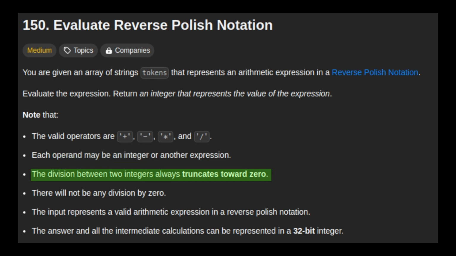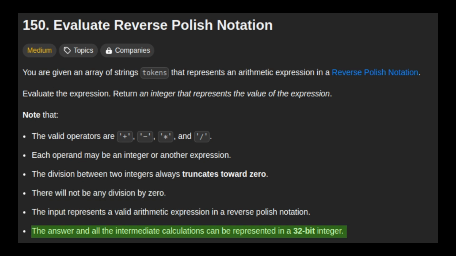The division between two integers always truncates towards 0, and they make it easy for us by guaranteeing that there will not be any division by 0, that the input is a valid expression, and that the answer and intermediate calculations can be held in a 32-bit integer.